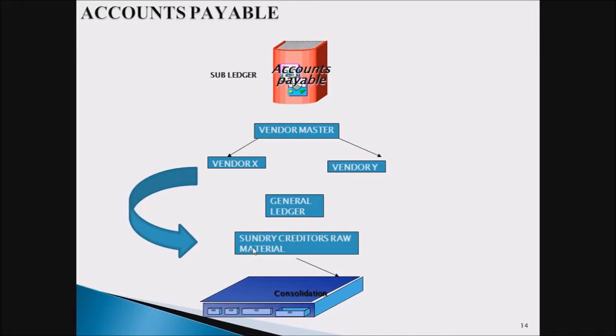So if my company is buying from vendor X, I post it to vendor X's account. If it is buying from vendor Y, I post it to vendor Y's account. That means I'm recording a transaction at the subledger level. From there, it gets transferred to the GL, which further goes for consolidation. That's how the flow takes place in payables.